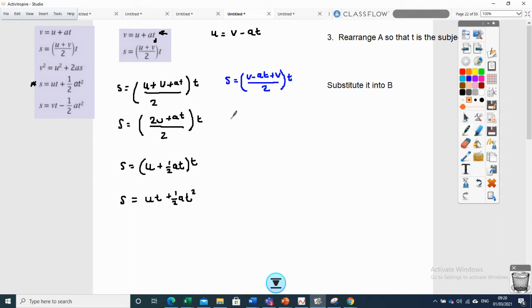Simplify the top, then you divide by 2, and then multiply it by t.